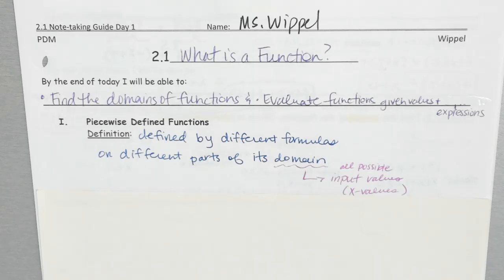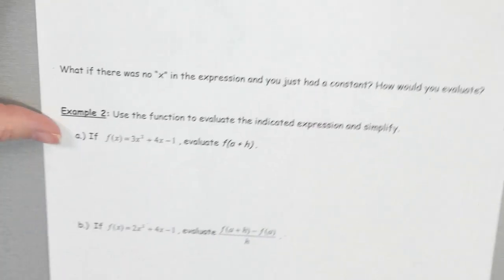Okay, and we've been dealing with the domain. We know that that's going to be the possible input values or the x values on the graph. Okay, and in example 1, we are just going to do the evaluation.